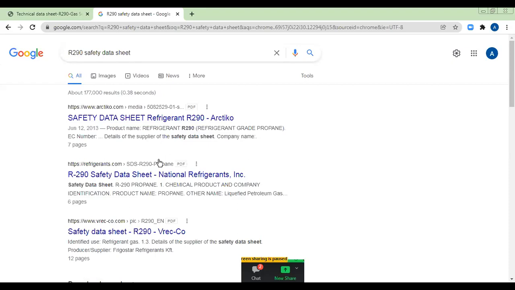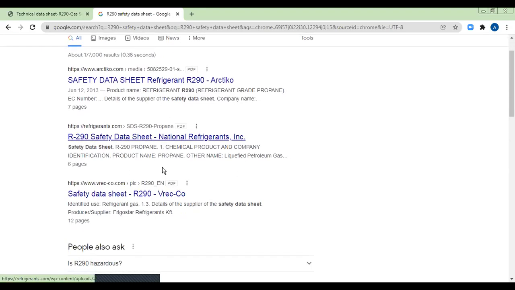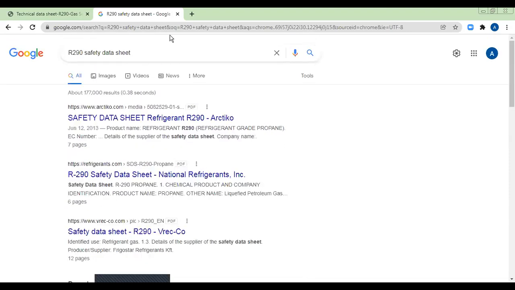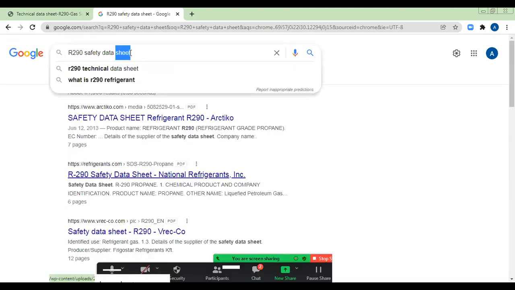There are safety data sheets, and you can go to very reputed websites or the manufacturers. I will go to a manufacturer site.